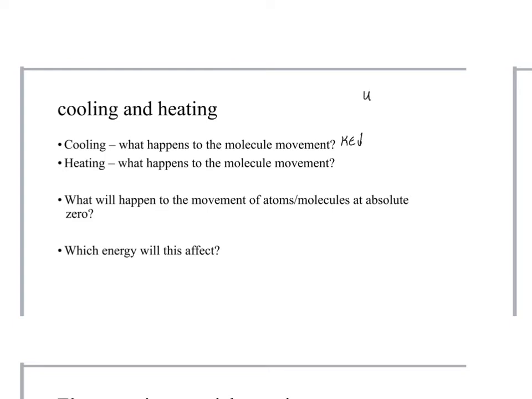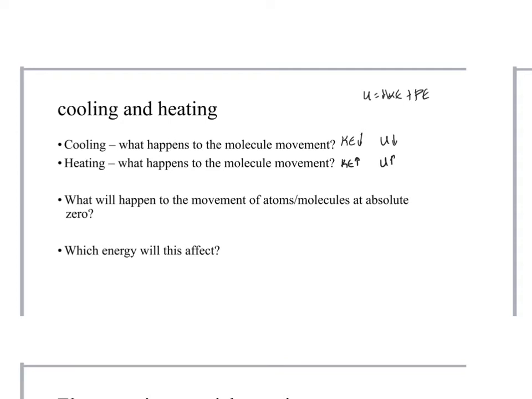And since the internal energy, we said, is the kinetic energy plus the potential energy, that means that since your kinetic energy dropped, so will your internal energy of the system. If I start heating a substance, the molecules will move faster, which means the kinetic energy increases, which means the internal energy increases.